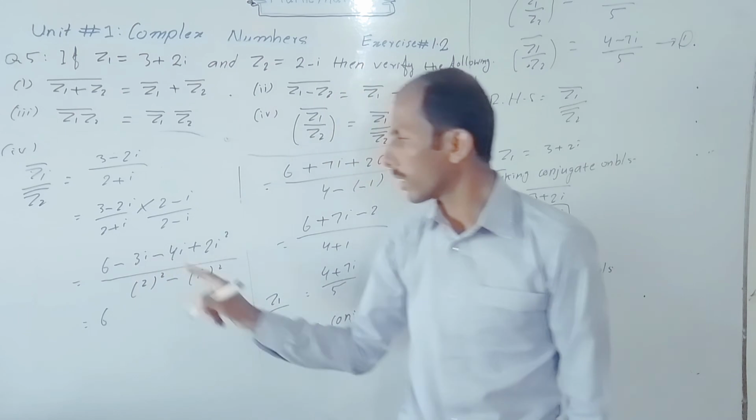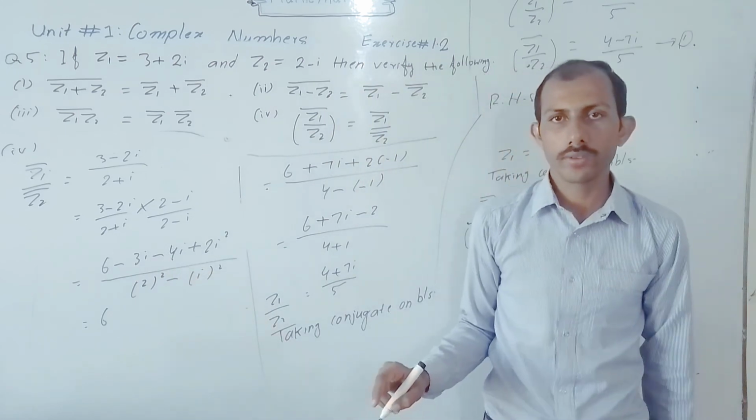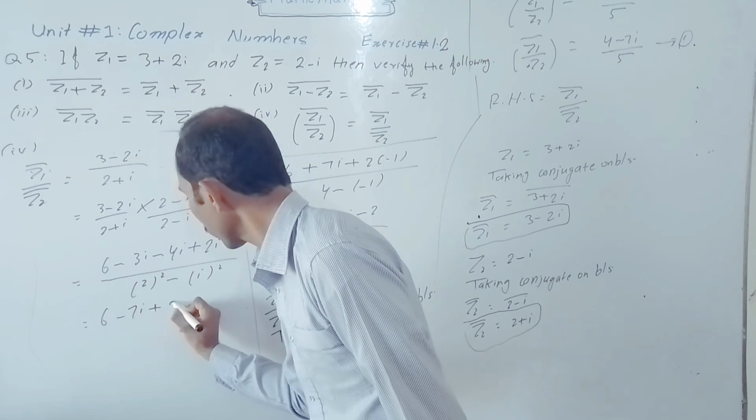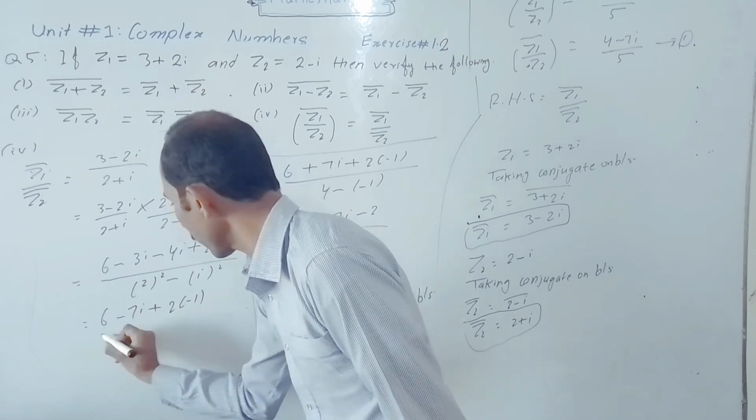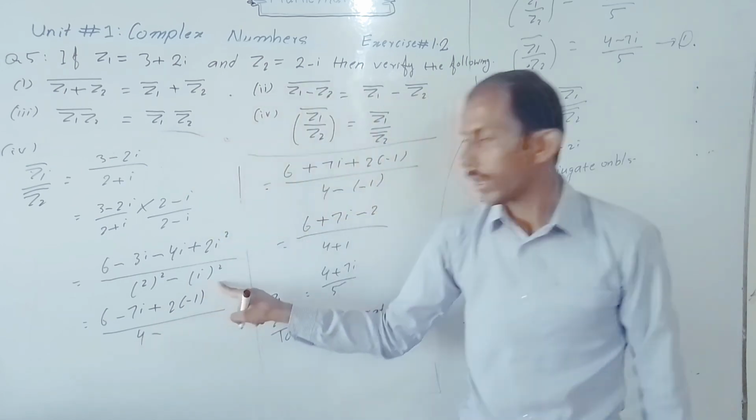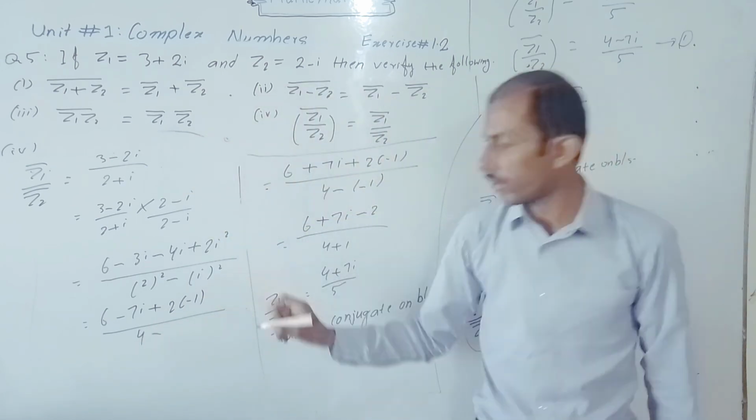Which is equal to 6 minus 3i minus 4i is equal to minus 7i, plus 2i squared, where i squared is equal to minus 1, divided by 2 squared is 4 minus i squared, where i squared is equal to minus 1.